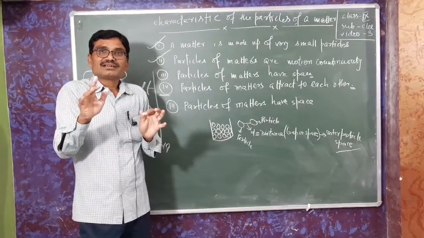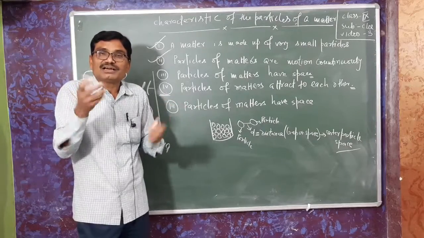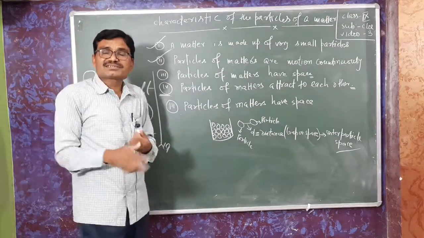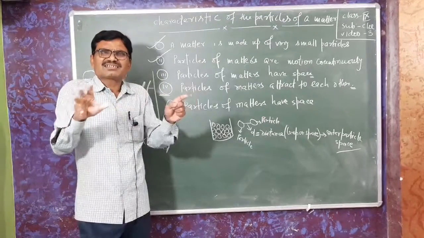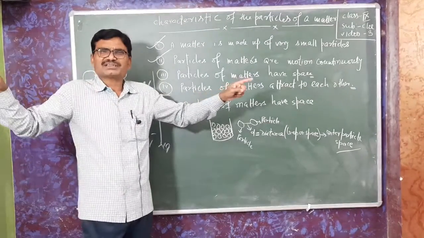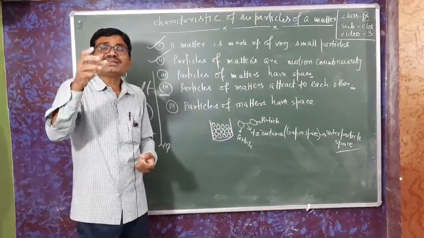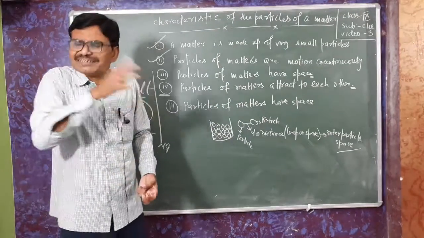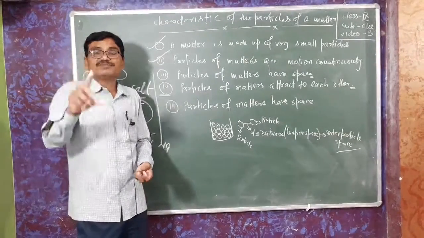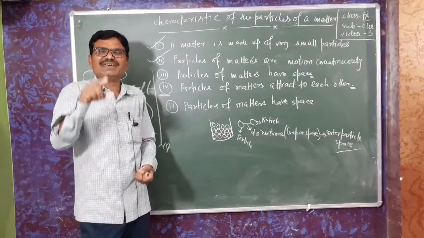But when we think about gases, just like oxygen gas, the molecules, particles are far away from each other. So the interparticular space is very large. Due to the large space, the interparticular force of attraction is very little.